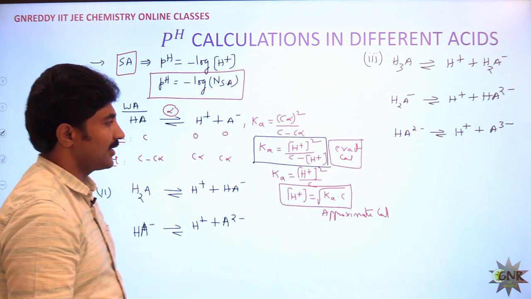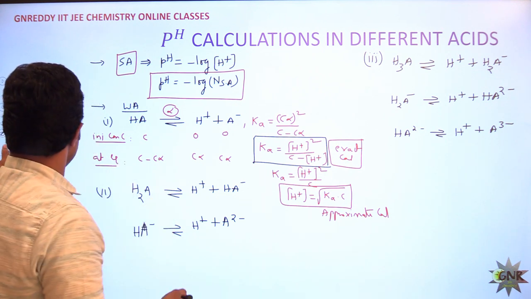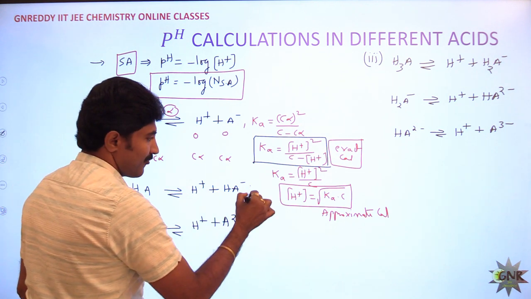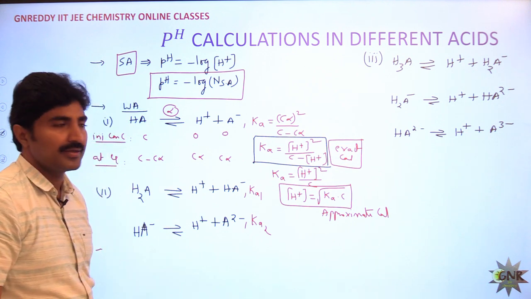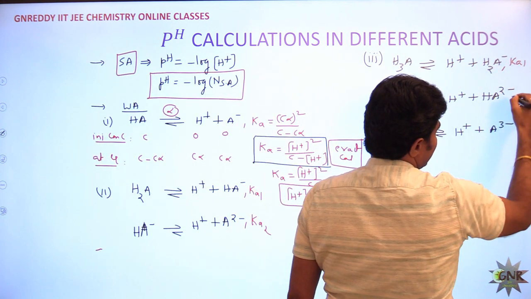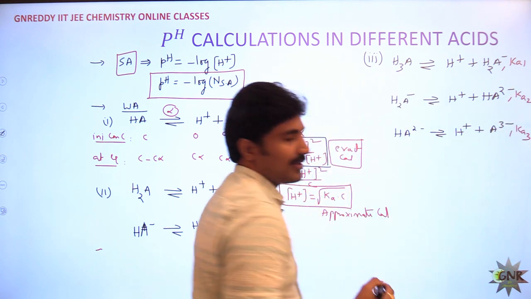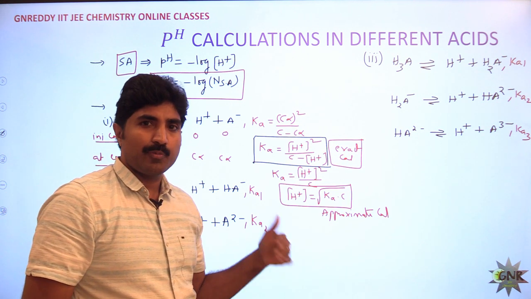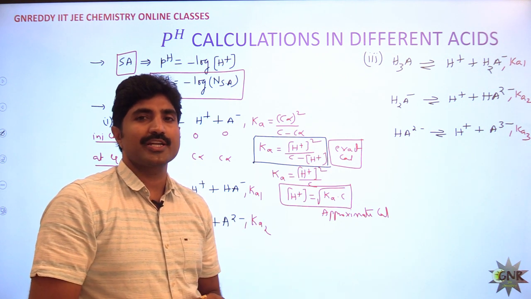So this first equation is meant for exact calculation, whereas the second equation is meant for approximate calculations. Even if you look at weak diprotic acids, in a weak diprotic acid there are two dissociations, with a first dissociation constant and a second dissociation constant, and in a weak triprotic acid there are three dissociations: first, second, and third dissociation constants. Here you have to notice one point clearly. In a polyprotic acid, the first dissociation gives the overall H plus in the solution.